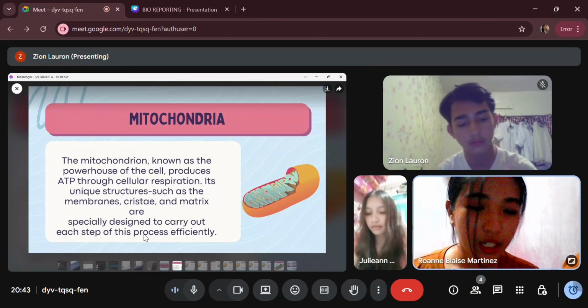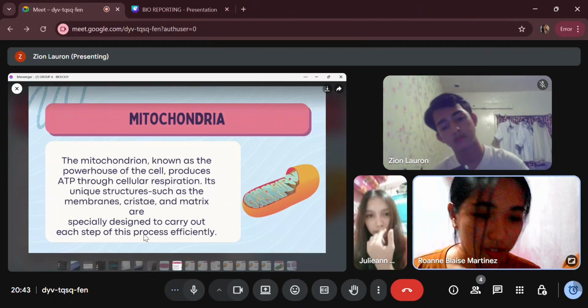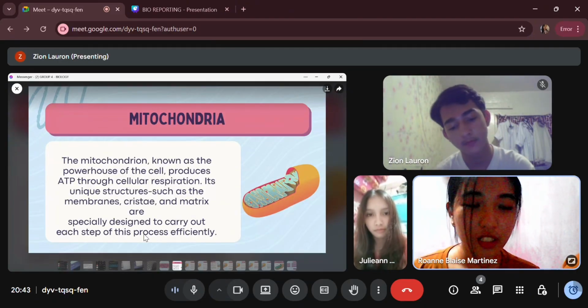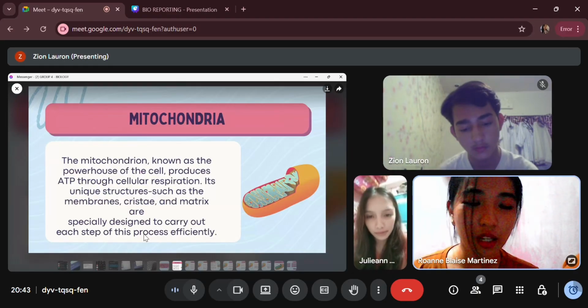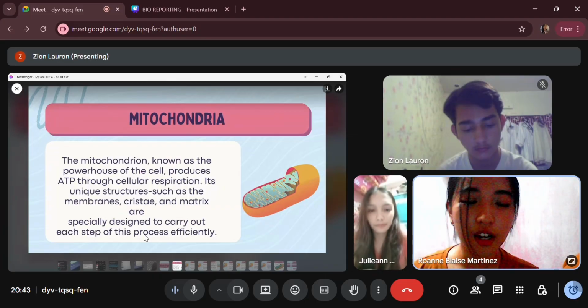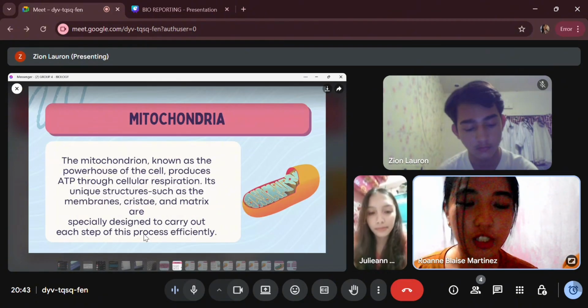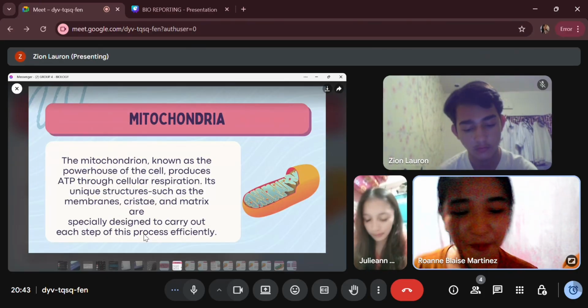The membranes and folds increase the surface area, making the process of cellular respiration more efficient, while the matrix contains the enzymes needed to break down nutrients into energy. In short, mitochondria are designed perfectly for their job, turning the food we eat into usable energy so that our body functions every single day.